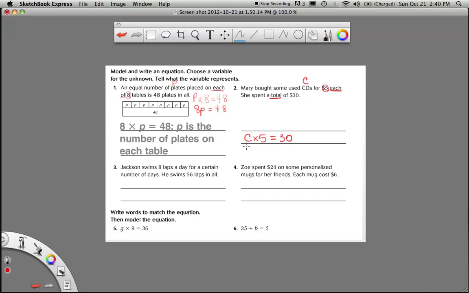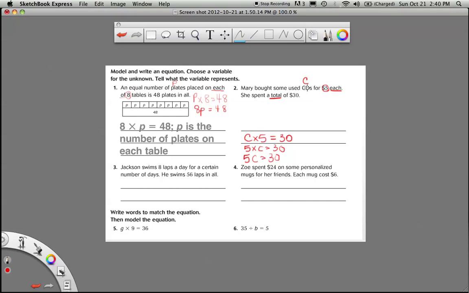Now remember, we want to put the number first, so you'd switch that around to say 5 times C equals 30, or if you don't want to mistake that multiply sign for an X, which would be a variable, you could just write 5C equals 30. Any of those would be acceptable.